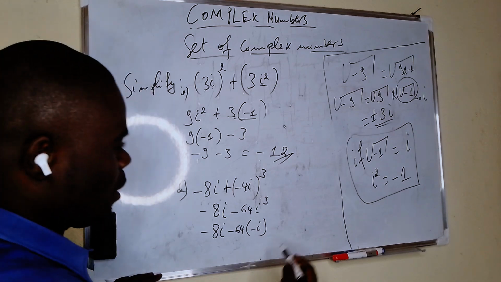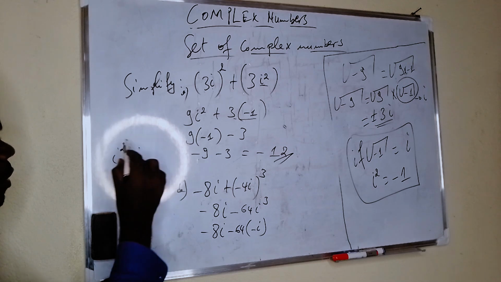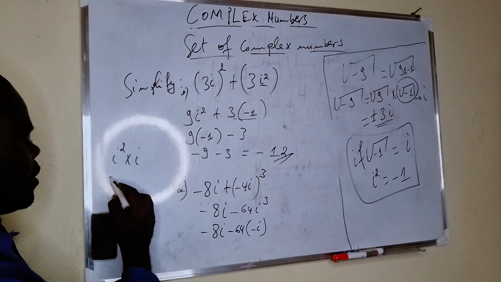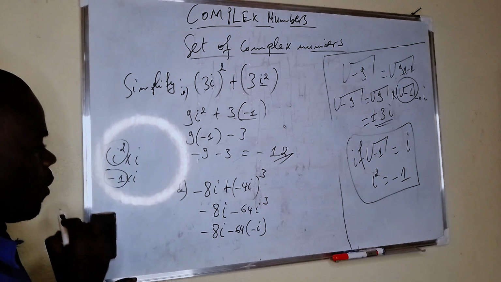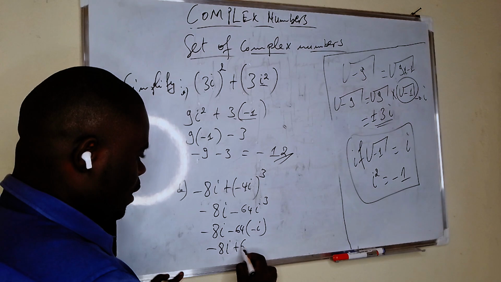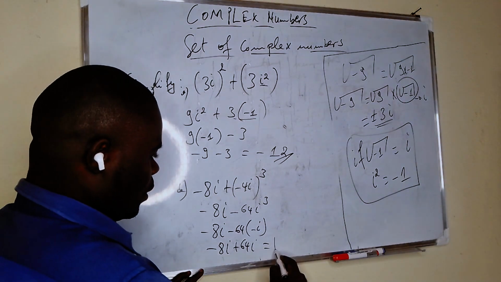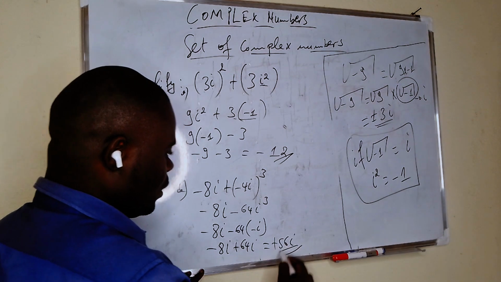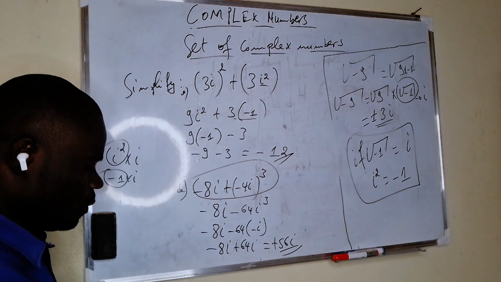How do we get this? We can get this by using i squared times i. We know that i power 3 is i squared times i, and this is equal to negative 1 times i, because i squared is negative 1. So this is negative 8i, positive 64i, and this is equal to positive 56i.